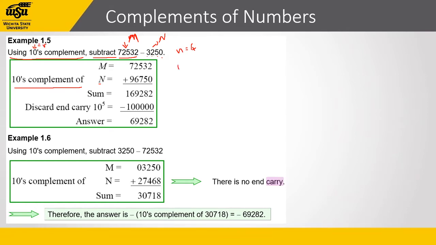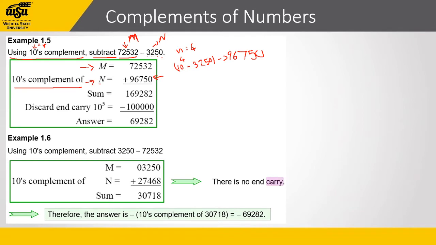So we get 10 to the power of 4 minus 3250, which gives us 96750 here.